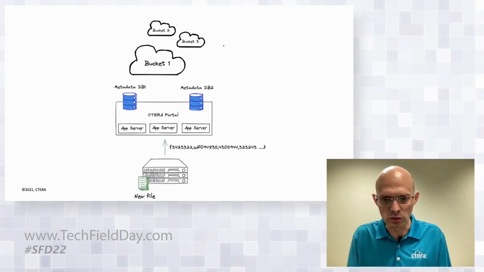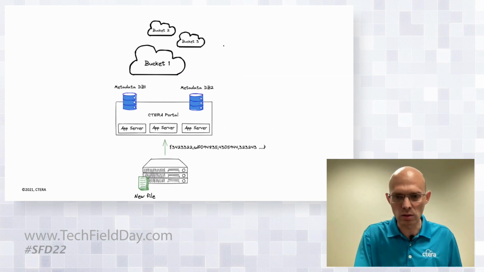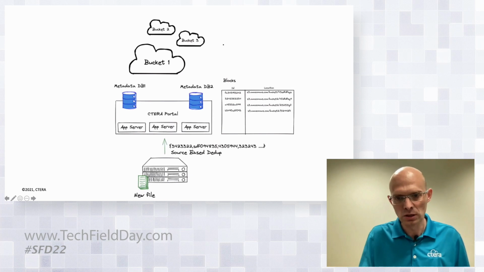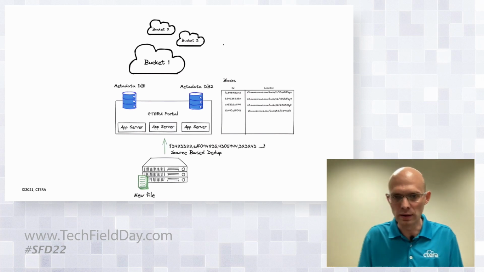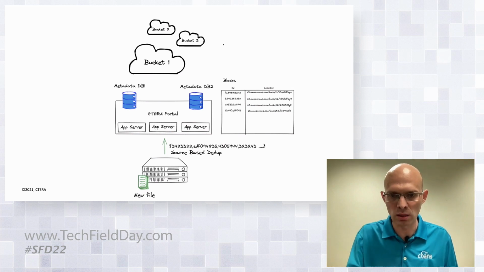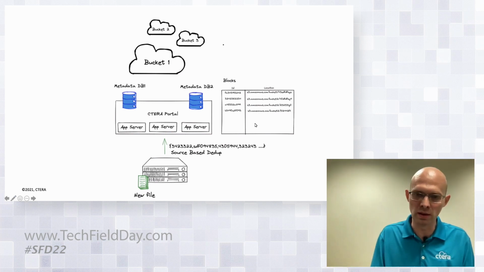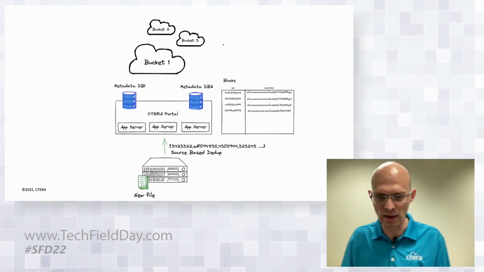When a new file is stored to the object storage, it's divided into blocks. And as you see here, each block gets a hash. The hashes are sent to CTERA Portal, and the portal looks up in the metadata database, which has a blocks table, as you can see here. And this blocks table tells the portal which blocks it already has and which it doesn't have.